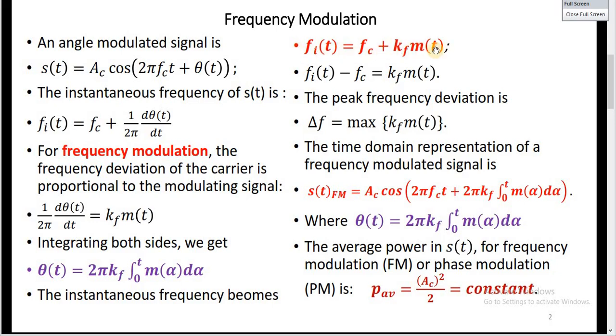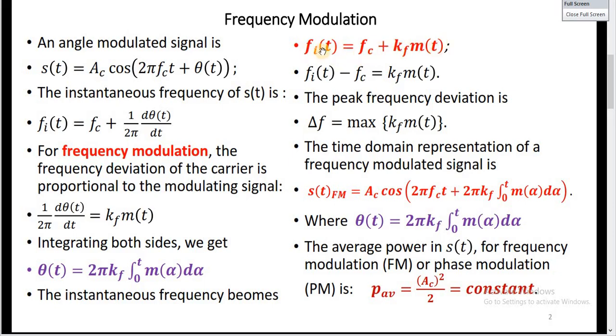So for an FM signal, the instantaneous frequency is made proportional to the message signal. So we have this linear relationship between the instantaneous frequency and the modulating signal m of t. So the frequency deviation is proportional to the message signal, or the instantaneous frequency is also proportional to the message signal.